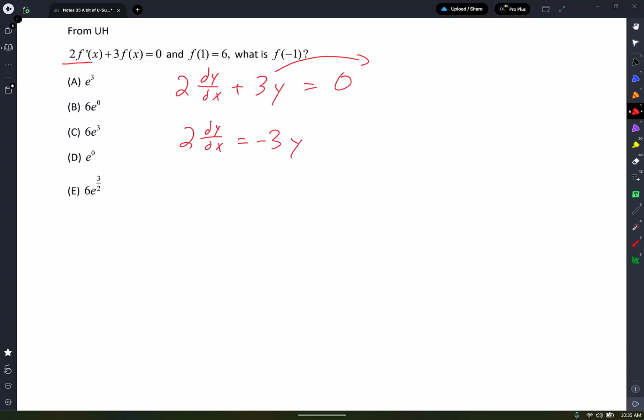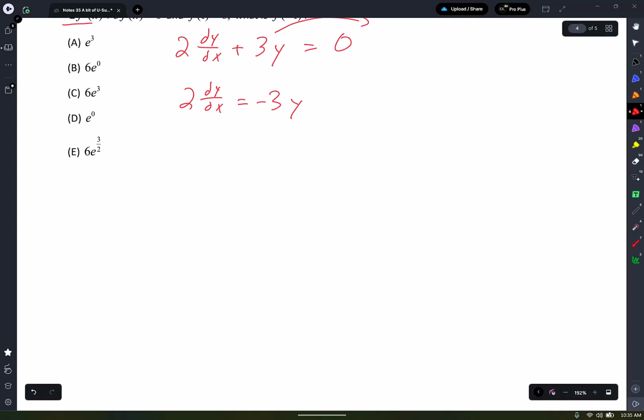I'm going to leave the 2 alone. I'm going to divide by y on the right-hand side and multiply by dx on the left-hand side. I want to get all the y's together. I want to get all the x's together. So I'm going to treat the dy dx like a fraction. So times dx and divide by y.